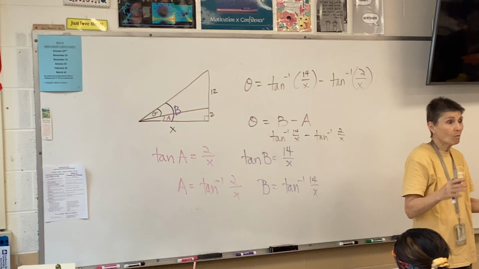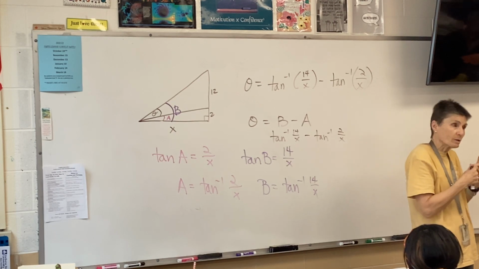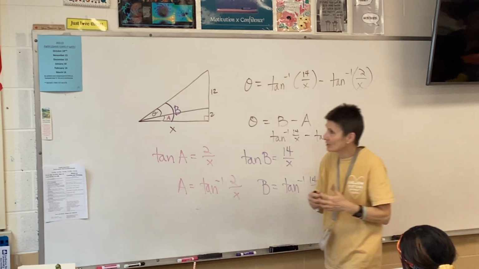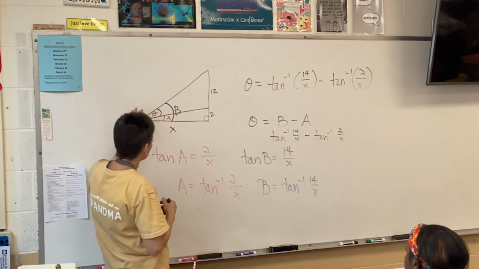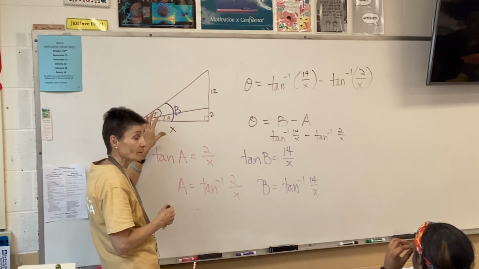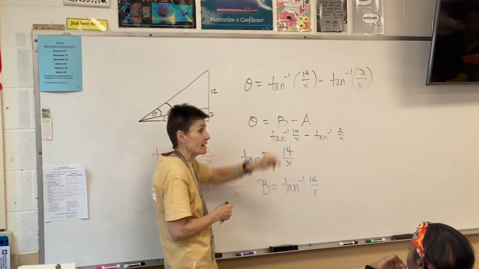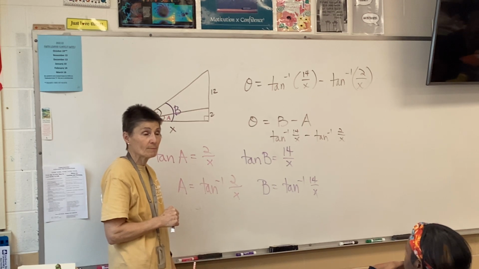But right now, the only trigonometry we know is SOHCAHTOA. And SOHCAHTOA is right triangles. So I had to look at the 2 right triangles, the little skinny one and the big one, and then subtract to get the angle that I need. Is that okay with everybody?